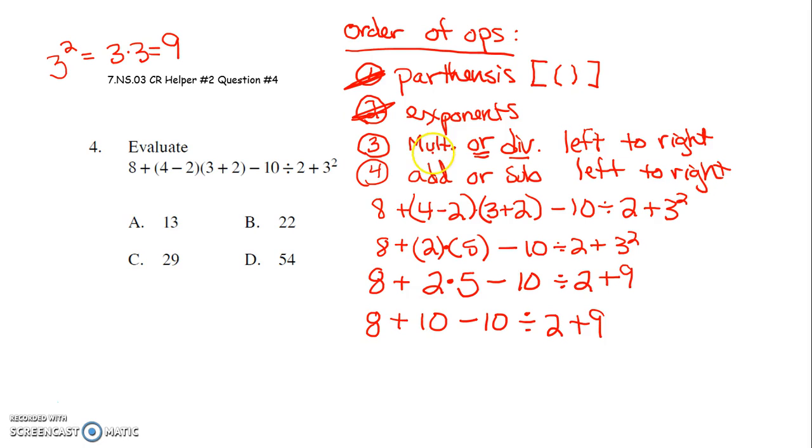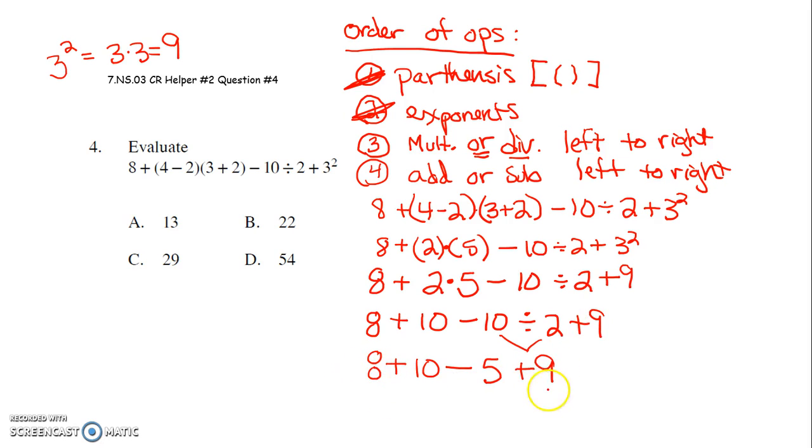I'm still on multiplication or division left to right. So as I go left to right, oh, I have this division to take care of. So I'm going to go ahead and take care of that. Everything else stays the same. This 8 stays the same. This plus sign stays the same. This 10 stays the same. This minus sign stays the same. And then 10 divided by 2 is 5. Then I keep my plus sign here, and I keep my 9.